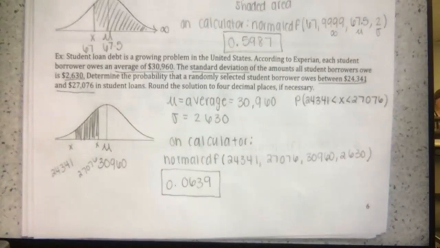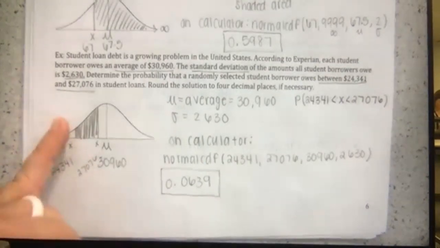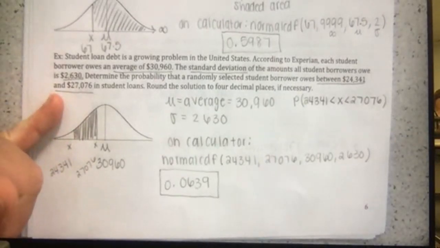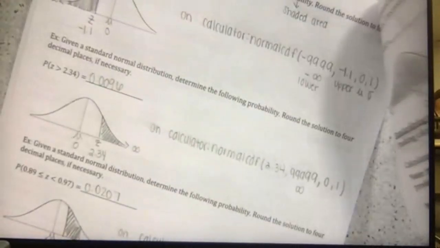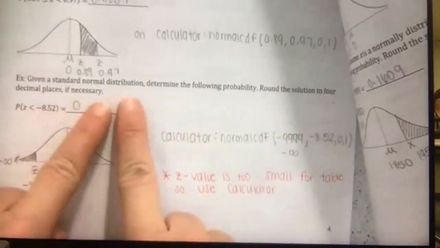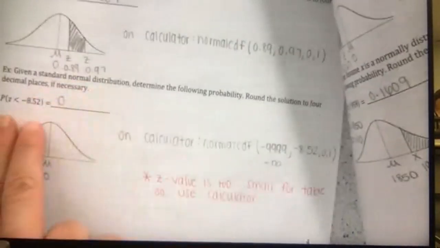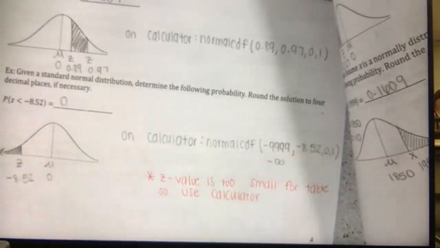Like it'll say if it's standard normal, that tells us to use Z, and there won't be a mean and there won't be a standard deviation given because it's understood that mean is 0, standard deviation is 1. Like these, it didn't tell us a mean and it didn't tell us a standard deviation. It just said that it's standard normal and it gave us a Z value. So that word standard normal tells us to use Z, it tells us that mean is 0, standard deviation is 1.